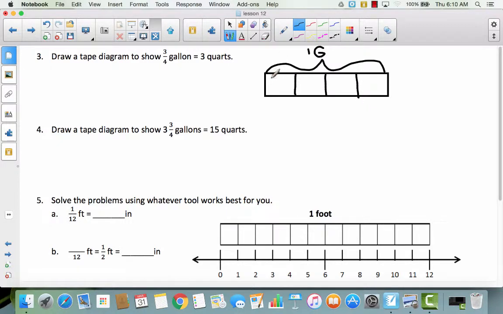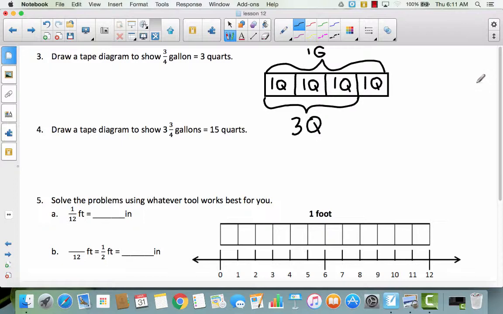And each part will have a value of 1 quart. So if I had 3/4 of a gallon, that would be 3 quarts.